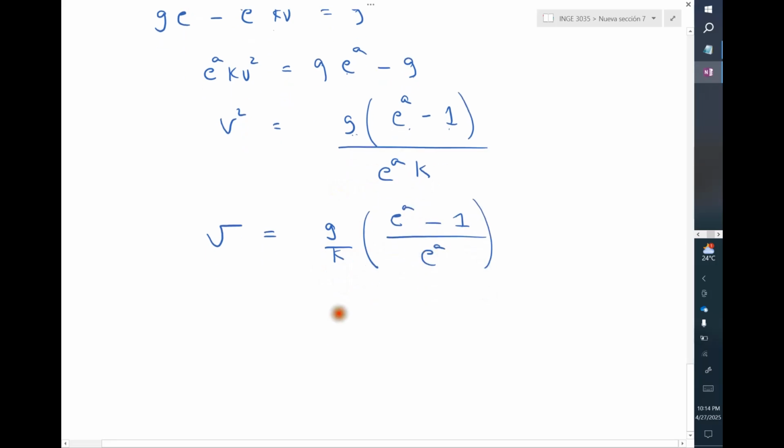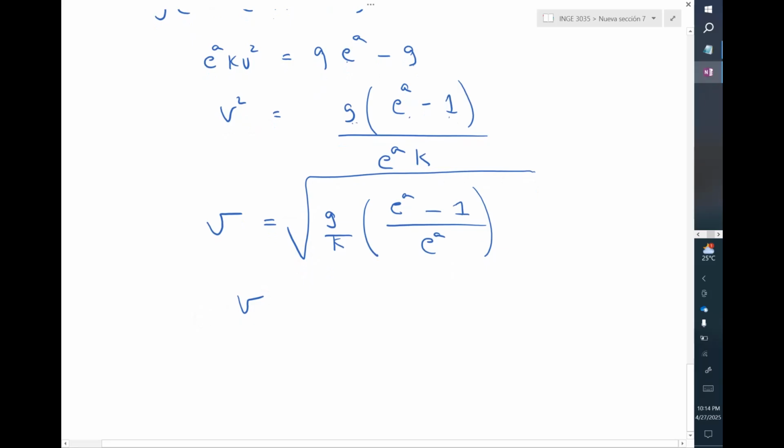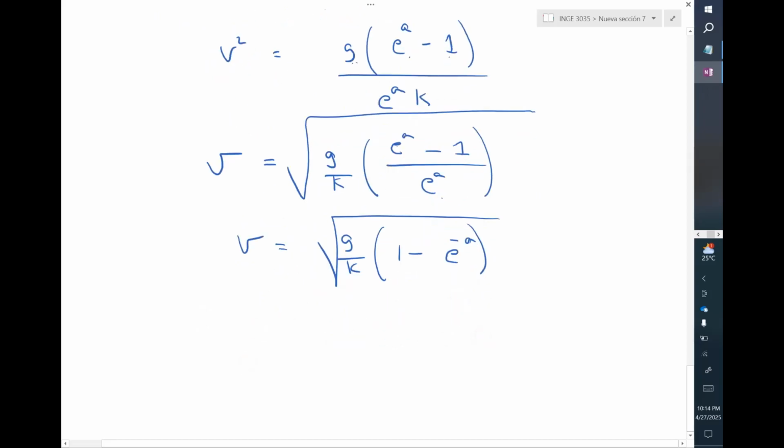It looks like this. Make life easier on the math. And all that has to have the square root. This is v squared, so the square root of that means that v equal the square root of g over k times this over this, that's 1 minus e to the minus a. And that's the only math that we care about.